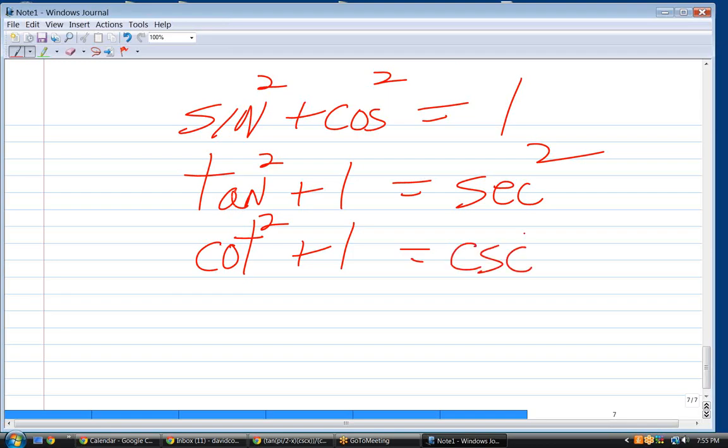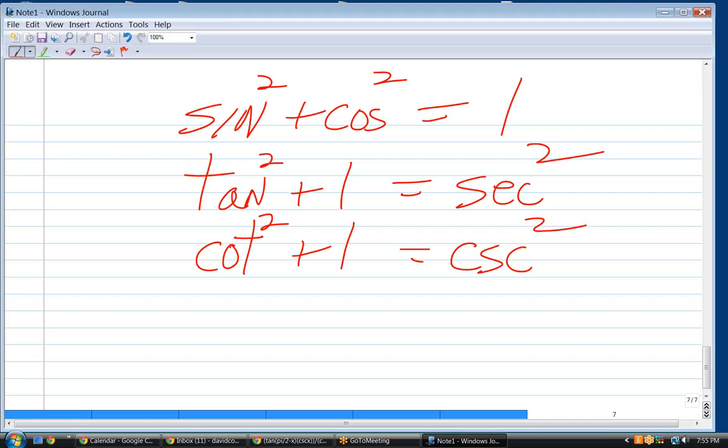In other words, the third one is the same as the second one, only put co in front of the tan and co in front of the secant. So you've got your 6 reciprocal, your 2 quotient, and your 3 Pythagorean. Those 11 identities you want to have memorized well.